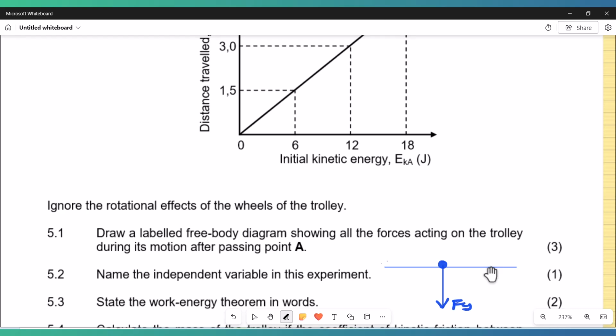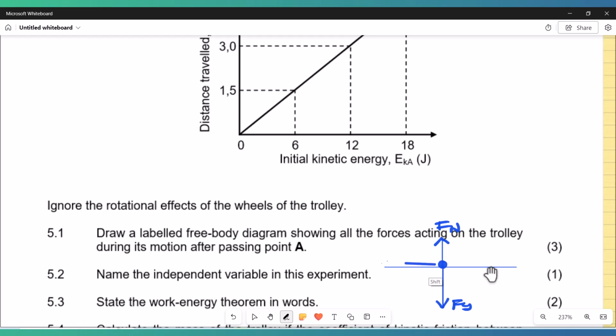Then being on the surface, it exerts a normal force. Now the normal force is normal, meaning it is perpendicular. So it's our F normal here. Then if it's going to the right, what's going to be our frictional force? It's going to be to the left. So this is our frictional force here.